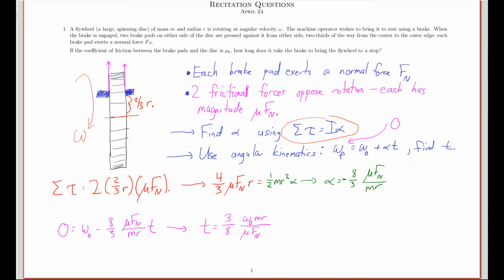Let's look at the value of 8/3. Yes, we got that legitimately. We've got a factor of 1/2 on the right, and a factor of 2 on the left, so that is correct.